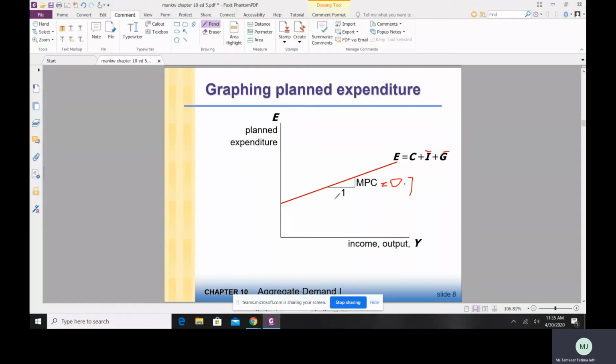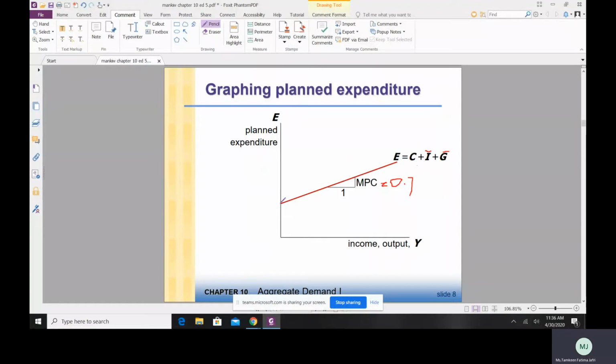One more thing that should strike you is that when Y is 0, E is some positive value. The reason is even if you're not earning anything, for survival you have to consume a little bit. Maybe you are borrowing to meet your consumption expenditure, or meeting it in some other way. So what we're saying is when Y is 0, C is again some positive number because you need something for survival.